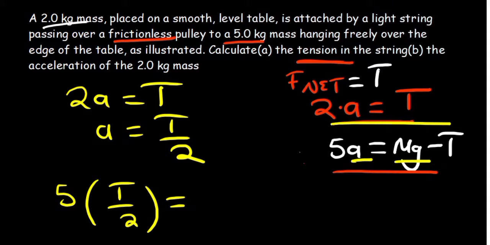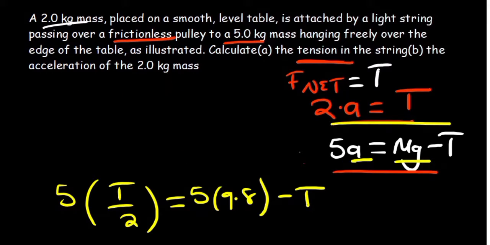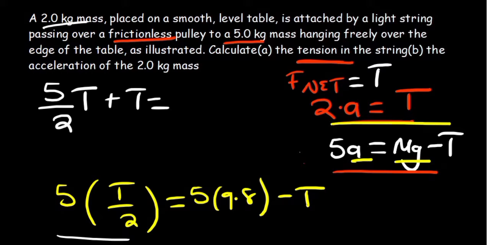The mass of the second one is 5, gravity is 9.8, minus tension. My goal is to make tension the subject, so the T can go to the other side. We have 5 over 2 T plus T, now coming from the other side, equals 5 multiplied by 9.8.